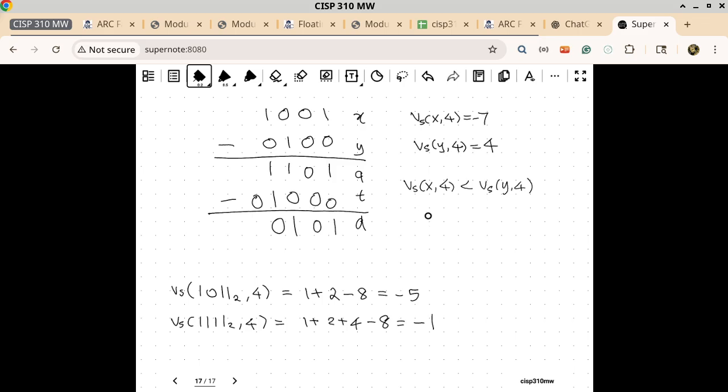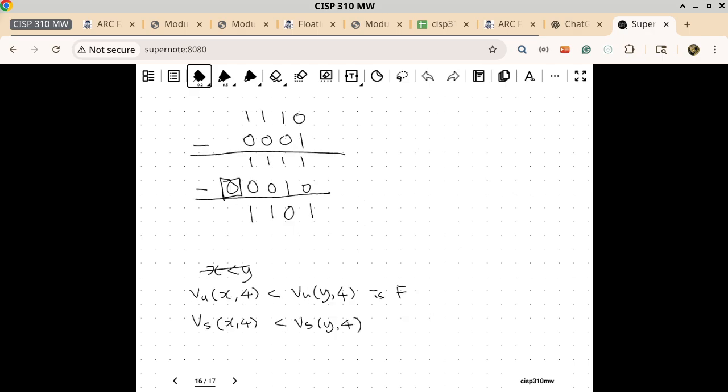But yet at the same time, d subscript m minus 1 is a 0. So we go, what is going on here? Because the previous examples all work. In this case, vs x4 is less than vs y4, and d subscript m minus 1 is a 1. So it does work out.